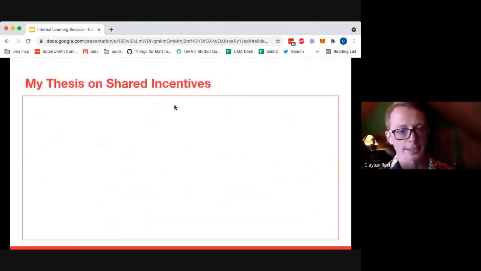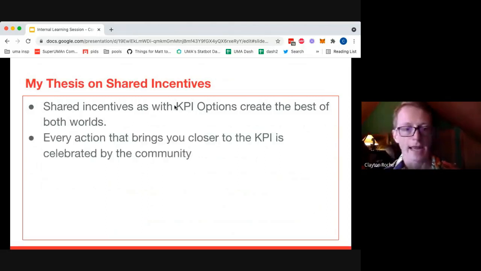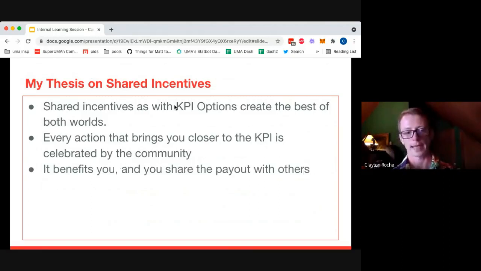My thesis on shared incentives is that shared incentives, as with KPI options, create the best of both worlds. Every action that brings you closer to the KPI is celebrated by the community, and it benefits you extrinsically, and you share the payout with others.